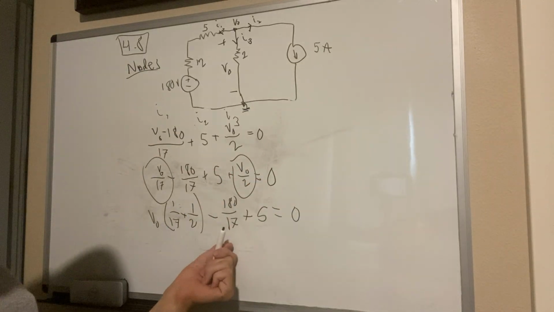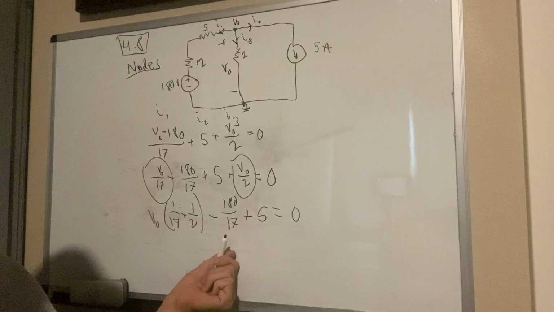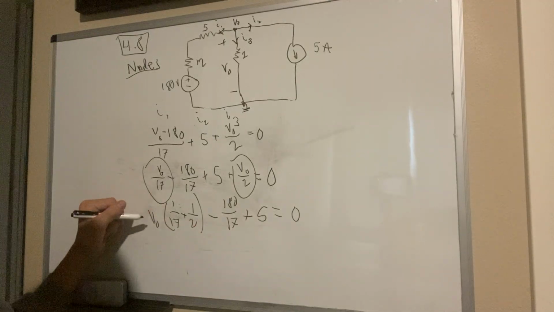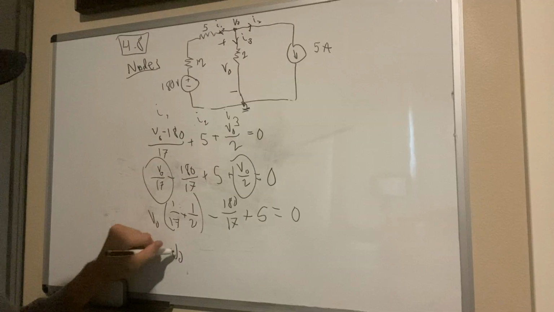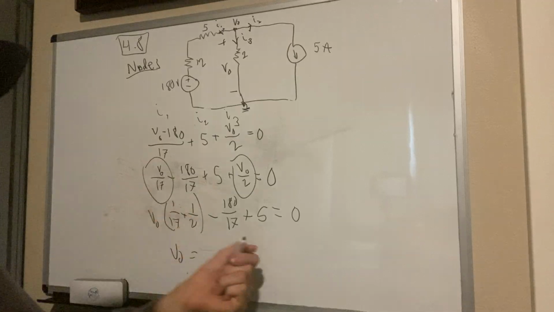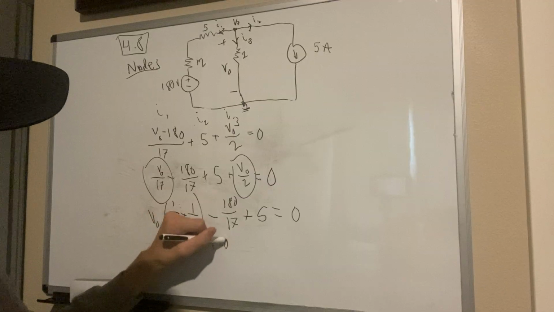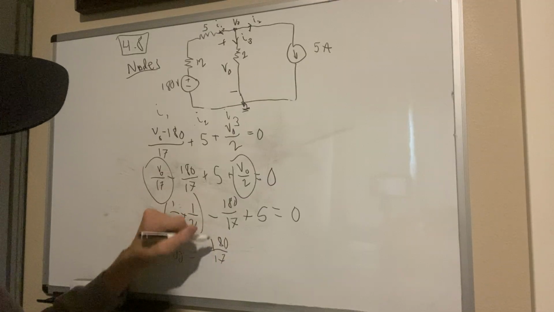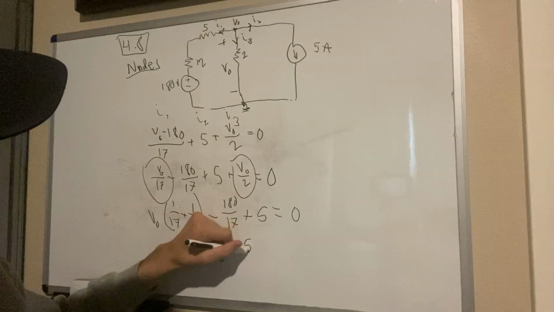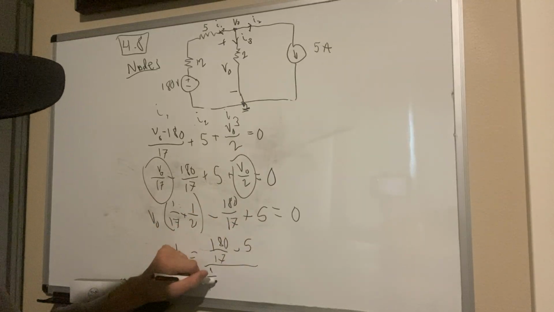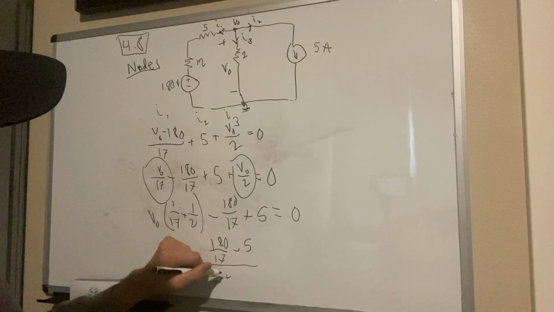Now we're going to move the third and fourth terms over to the right side and divide by the coefficient of V naught. So again, V naught is equal to, flip the signs here, 180 over 17 minus 5, all of that divided by 1/17 plus 1/2.